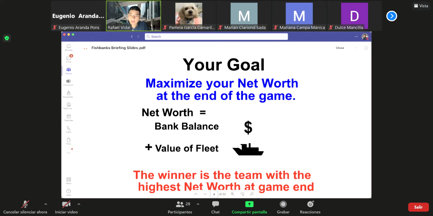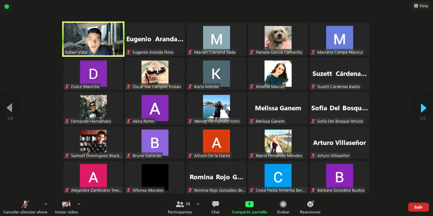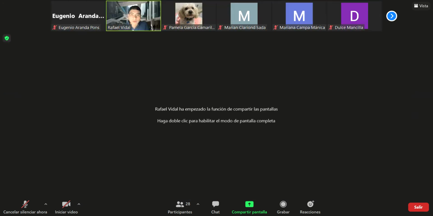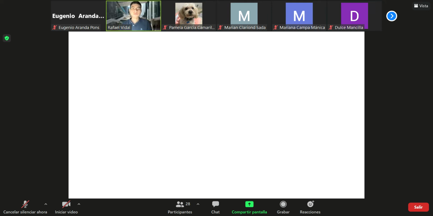So those are the two possibilities. There's no more. Now, let me share the whiteboard. So bank balance, and fleet value.